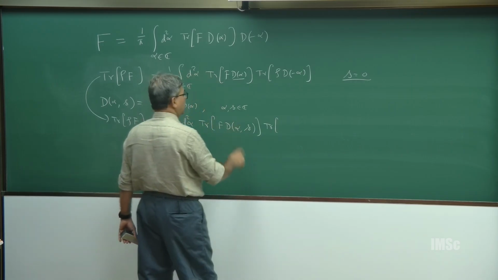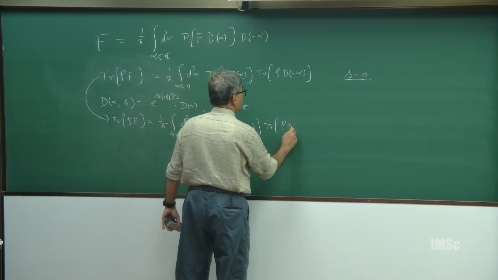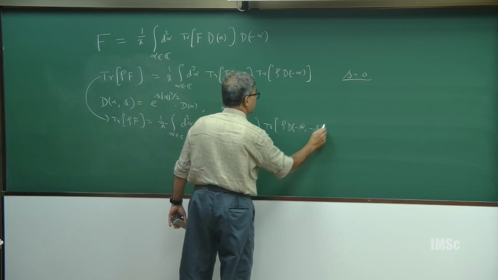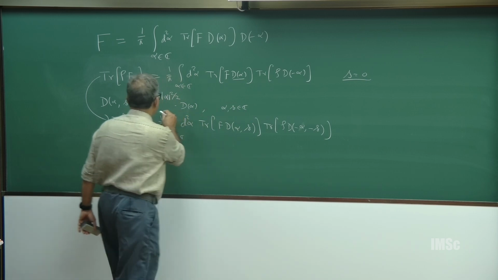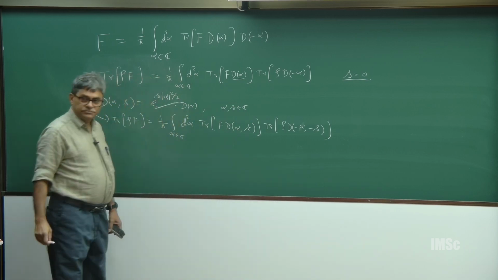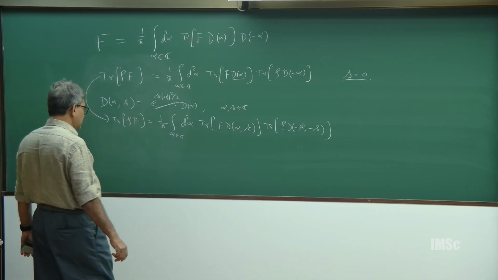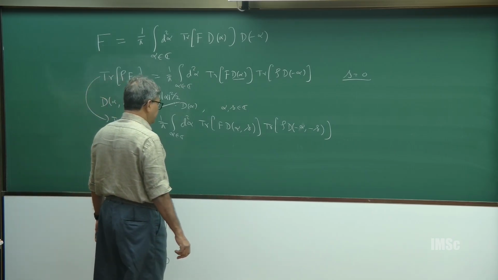So this will be rho D(minus alpha, minus s), so that this factor will get cancelled.